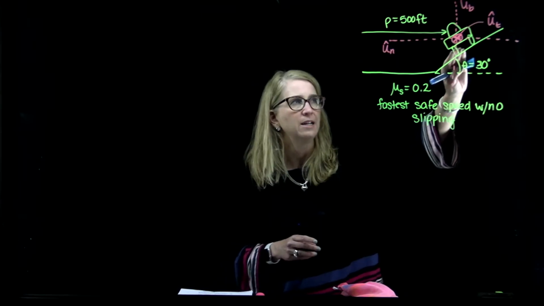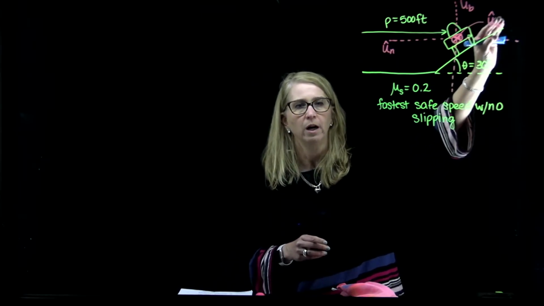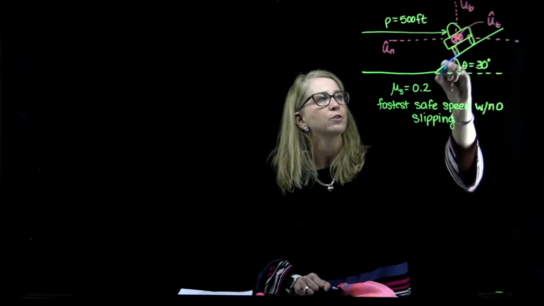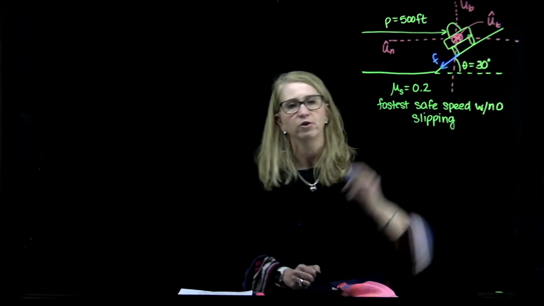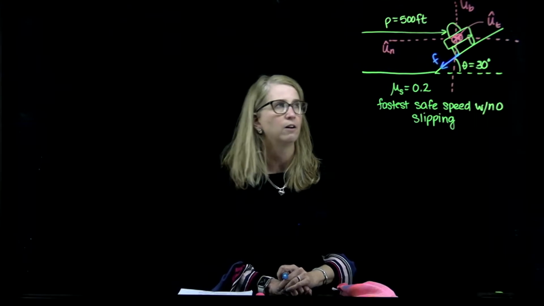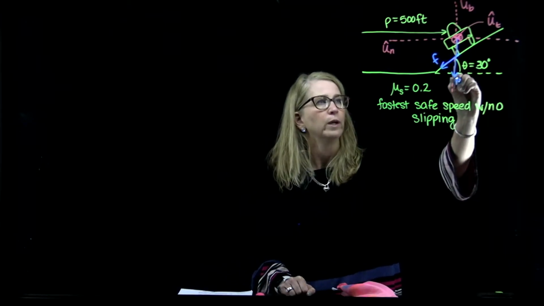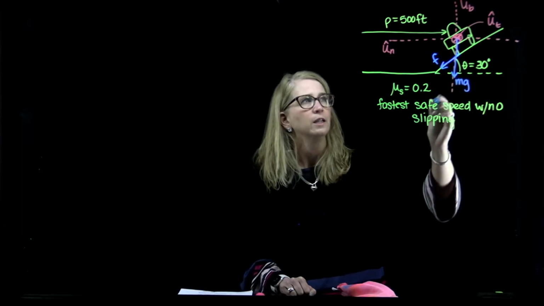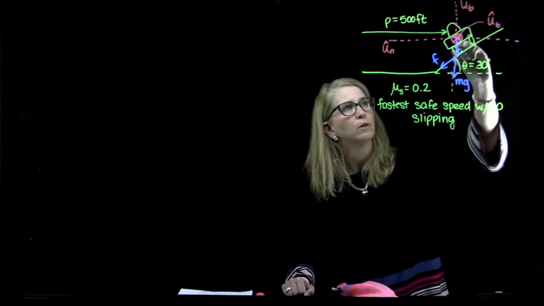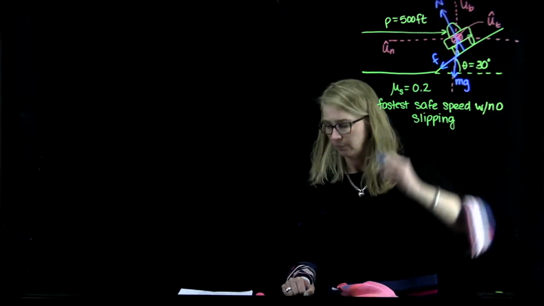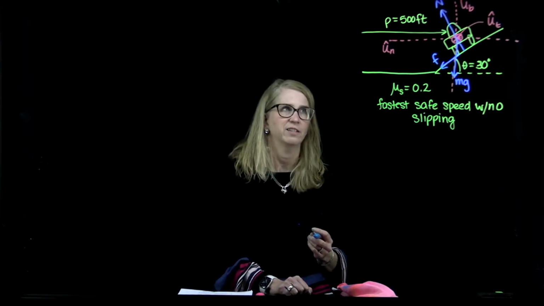So the impending motion for this car would be up the banked curve, which would mean that the frictional force is going to be tangent to the curve itself. Other forces that we're going to have are going to be the weight, mg, and then the normal force. And actually, I think that's it.